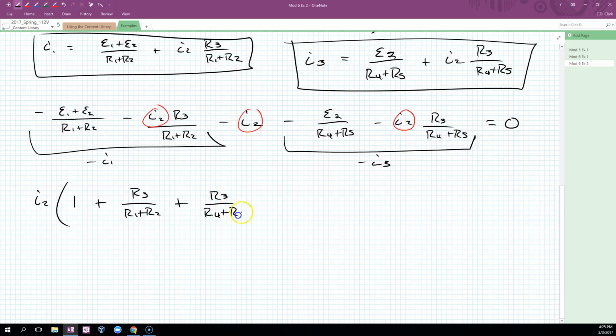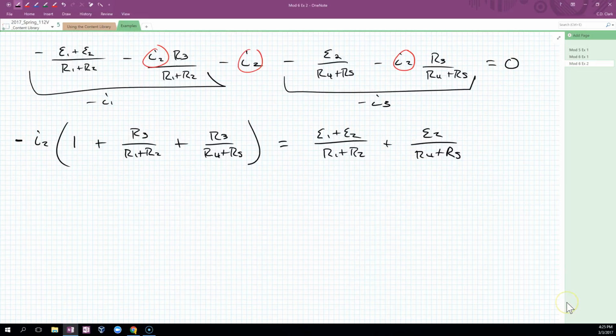Now I've got a negative sign that I need to make sure I keep track of there. And then I've got the other stuff that doesn't have I2 in it. That's going to move over to the right-hand side. So I've got an EMF1 plus EMF2 over R1 plus R2, and an EMF2 over R4 plus R5. Now I2 I can solve for.